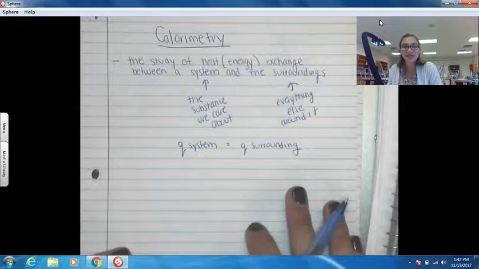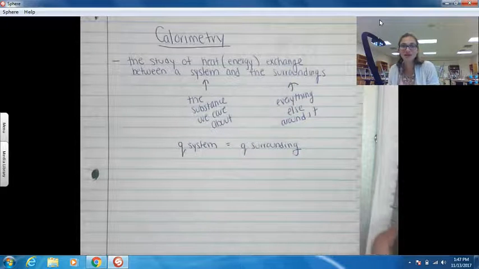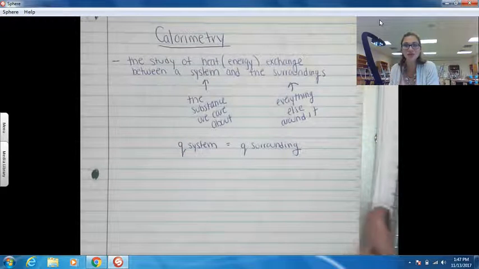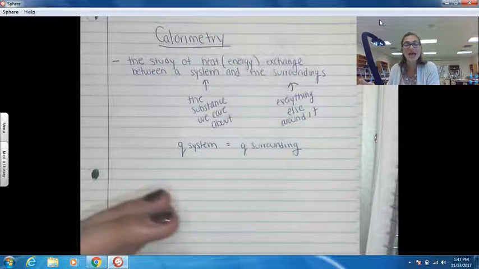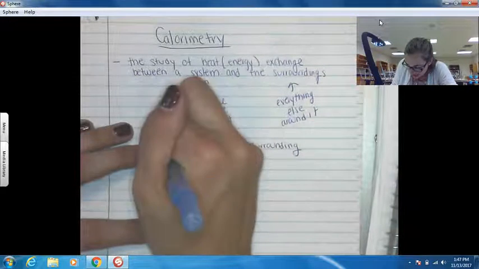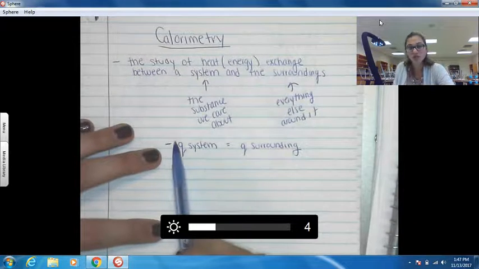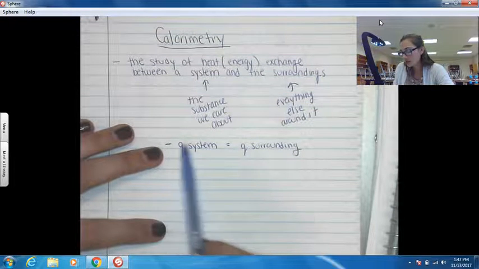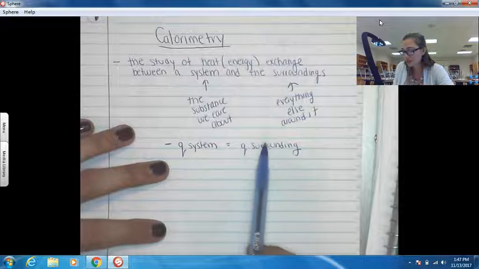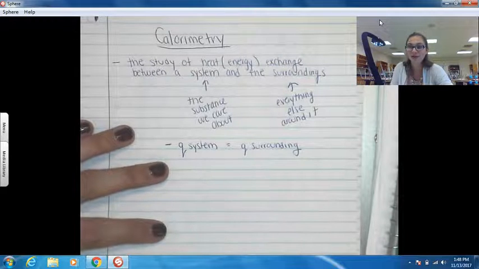Now, if we're talking about a heat exchange, either the system or the surroundings has to be losing energy or heat, and then the other one has to gain. So what we're going to talk about is the system losing energy, so it's going to be a negative Q. So all of the heat lost by the system has to be directly gained by its surroundings.